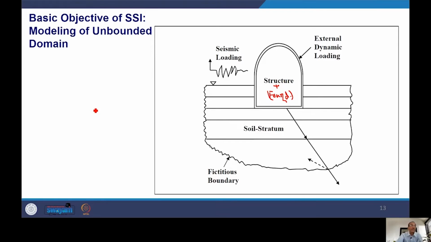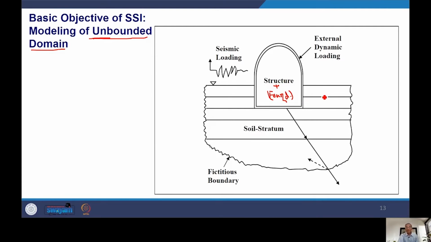The problem here is the unbounded domain, because compared to the structure, one of the major issues in the soil is that Mother Earth is an unbounded domain. It is not a fixed domain. So we need to consider the unbounded domain, and how we can consider it while analyzing for static loading as well as dynamic loading.